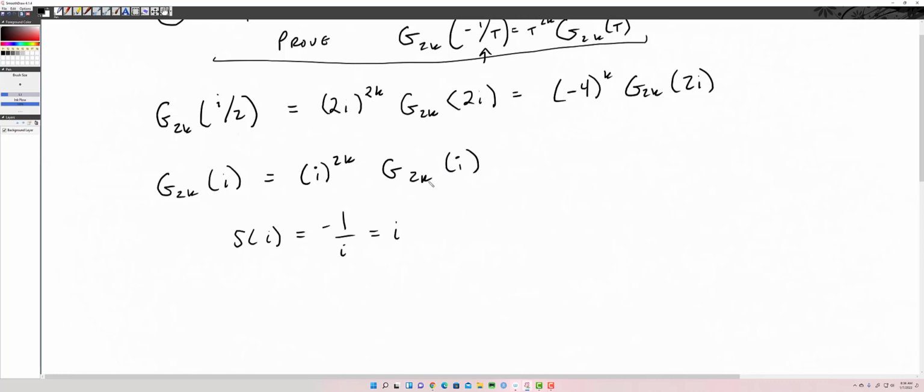Well, for odd k, that would mean that g2k equals minus g2k, which of course means g2k of i is 0.